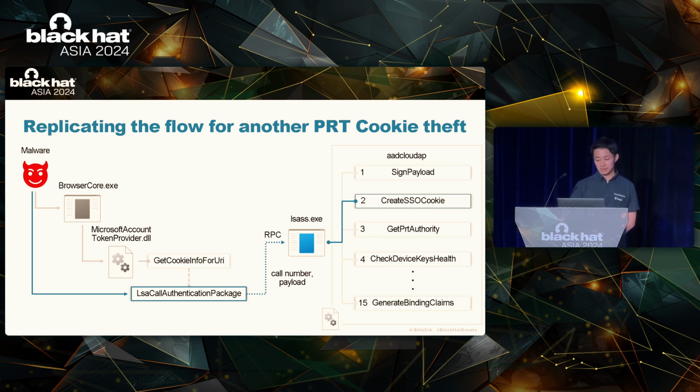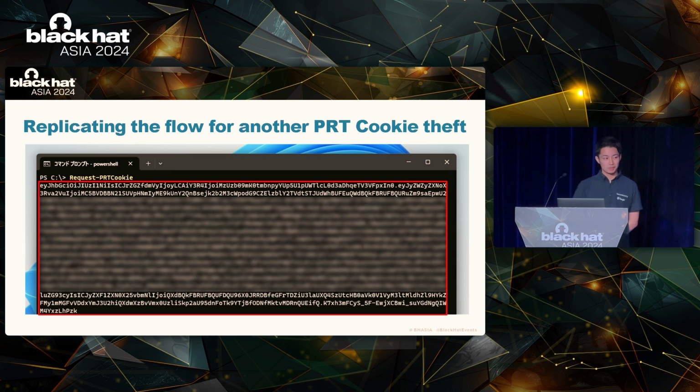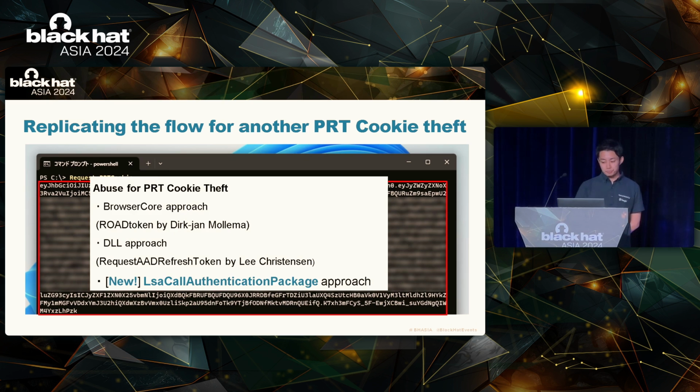And with this POC, I was able to call the CreateSSOCookie in the plugin. So by replicating the same flow as Google Chrome and by executing the function inside the Azure AD plugin, I confirmed that we can steal the PRT cookie of the logged on user, as you can see there. So now I got another way of PRT cookie theft for the logged on user.